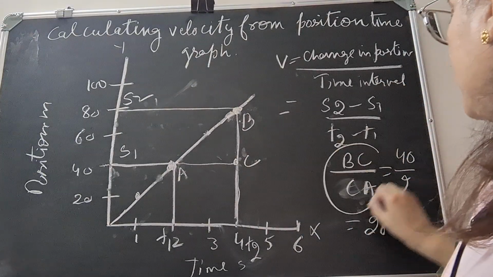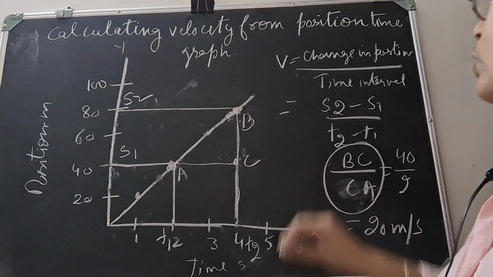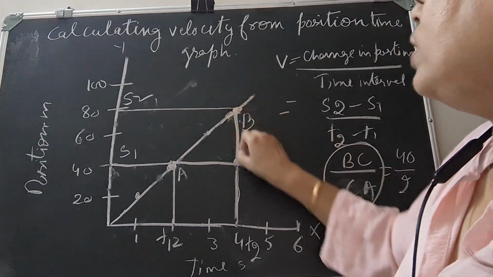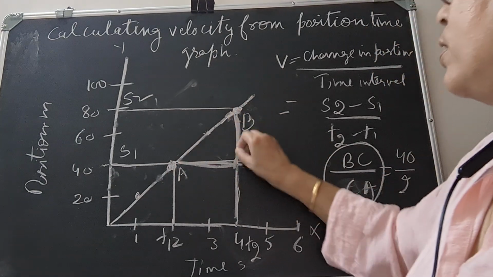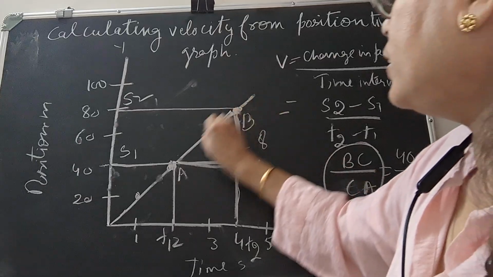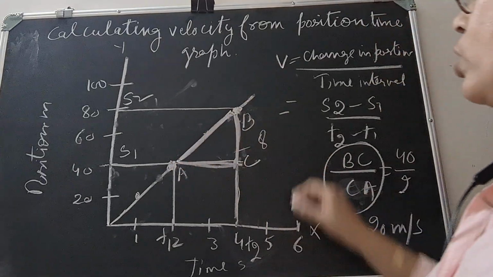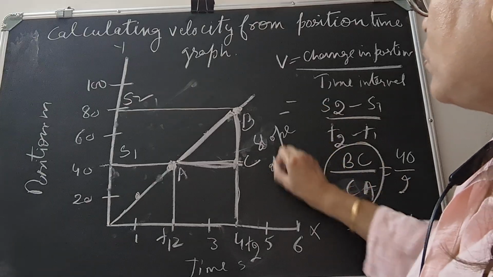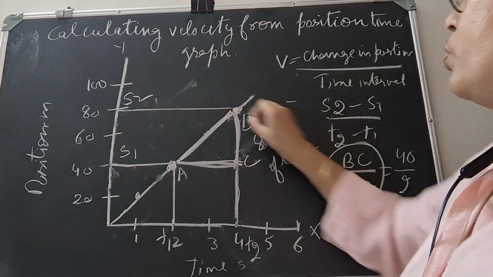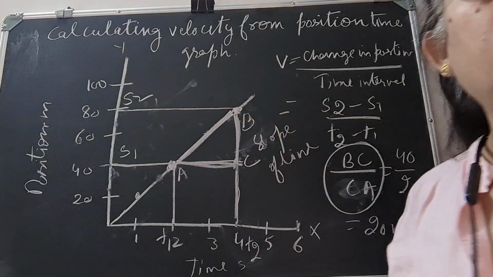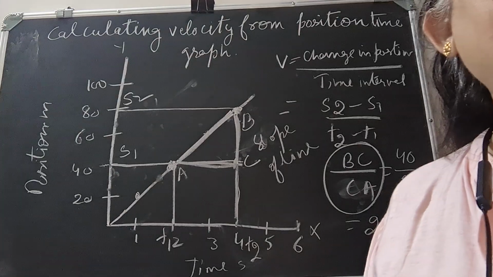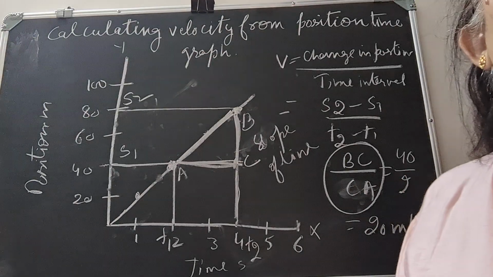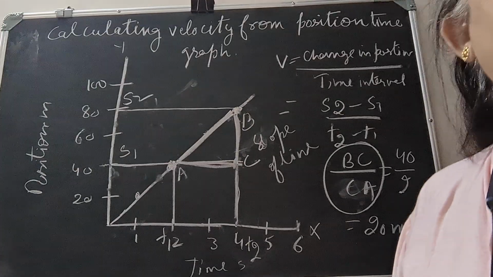Now what is this BC upon CA called? This is called the slope of the line AB, connecting initial position A and final position B. The slope of a line is the steepness of the line.